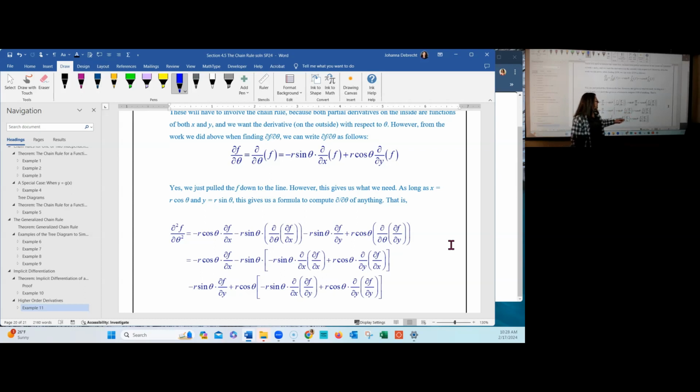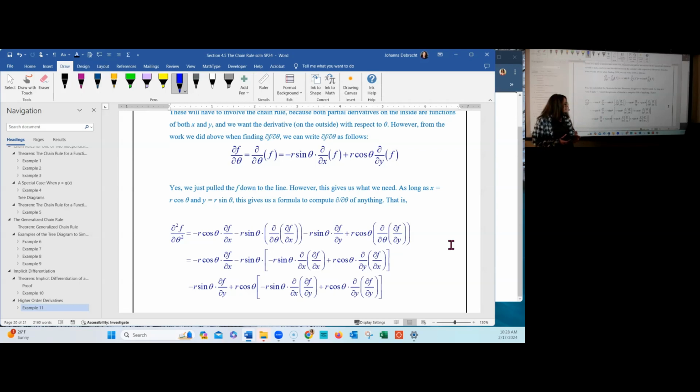For the next term, this gives us plus r cosine theta, the second partial of f, first with respect to x and then with respect to y. Then we've got the second term, which we have to apply it to as well. And we end up with the second row that you see here.